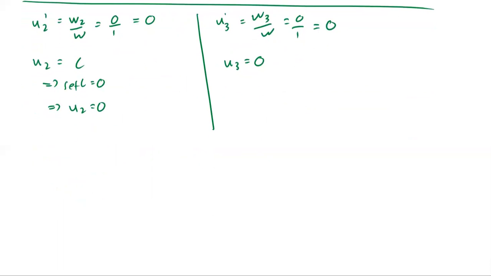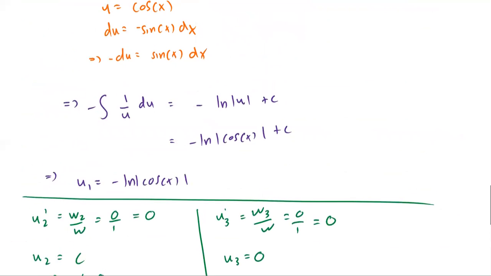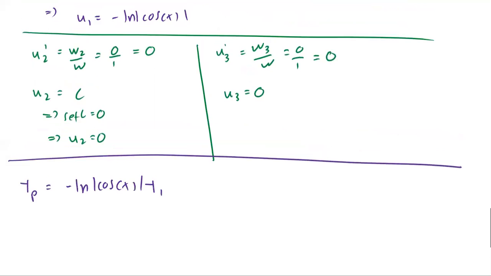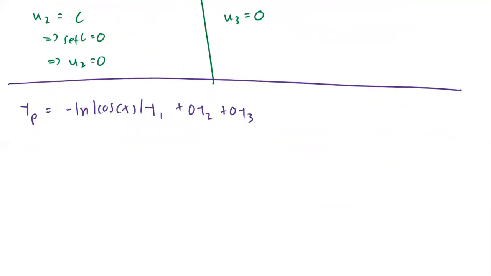So what's the general solution? First let's write what y sub p is. y sub p is u1 times y1. u1 was the negative natural log of cosine x, times y1, which was, I don't remember, it's written up there, plus 0 y2 plus 0 y3, because u2 and u3, we chose them to be 0.